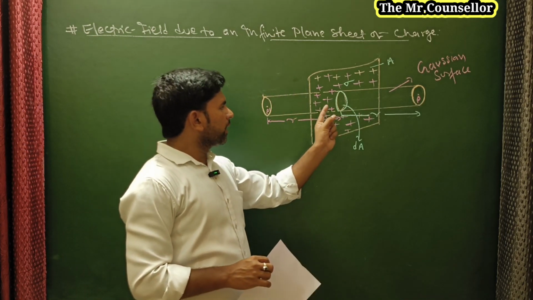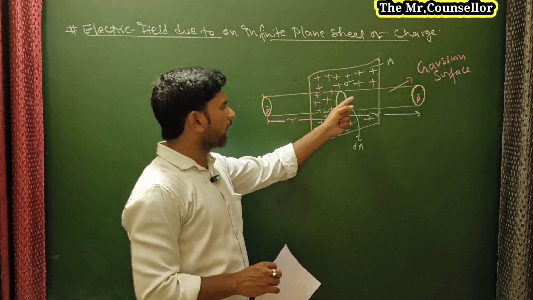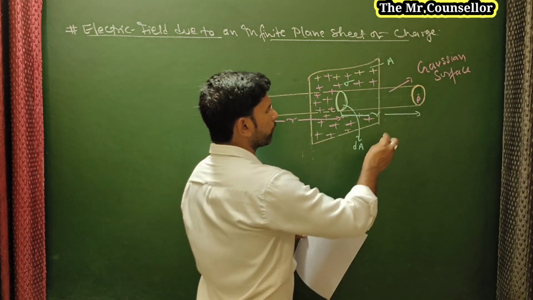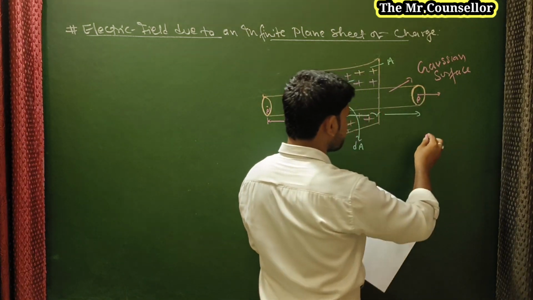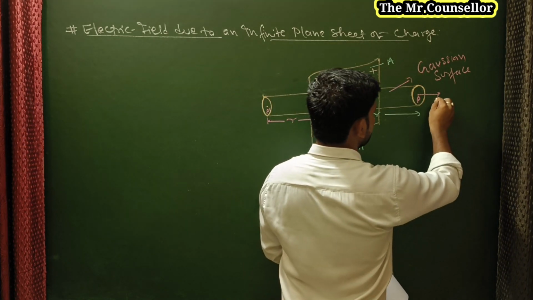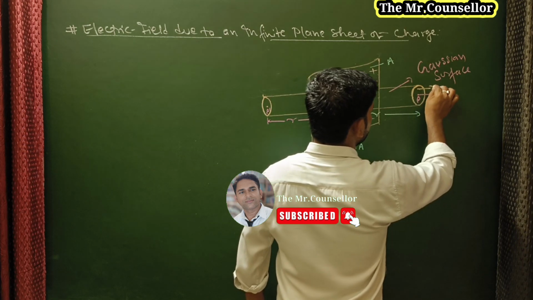Electric flux means the number of electric field lines passing through this cross-sectional area. For this direction, the electric field direction will be this side, like this. The area element will also be in the same direction.